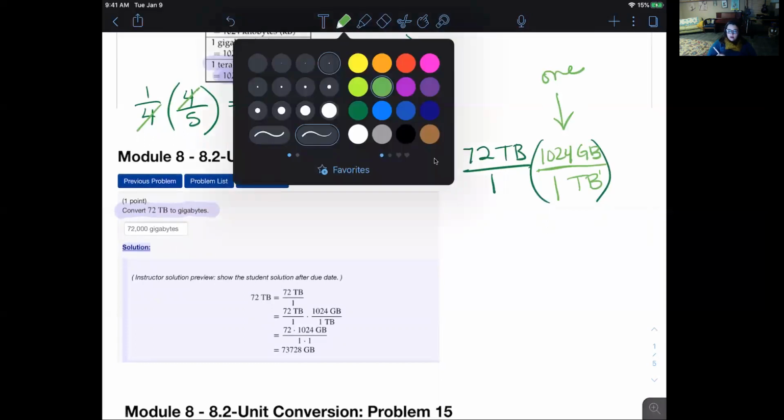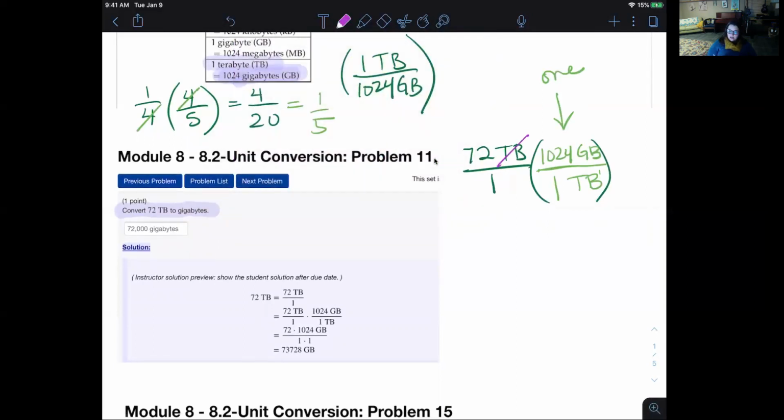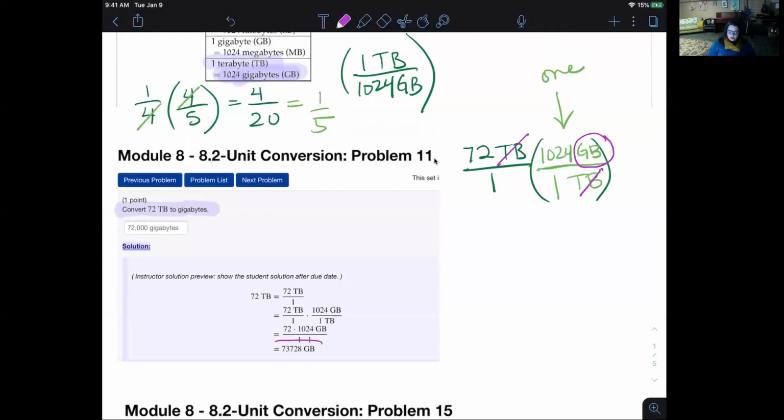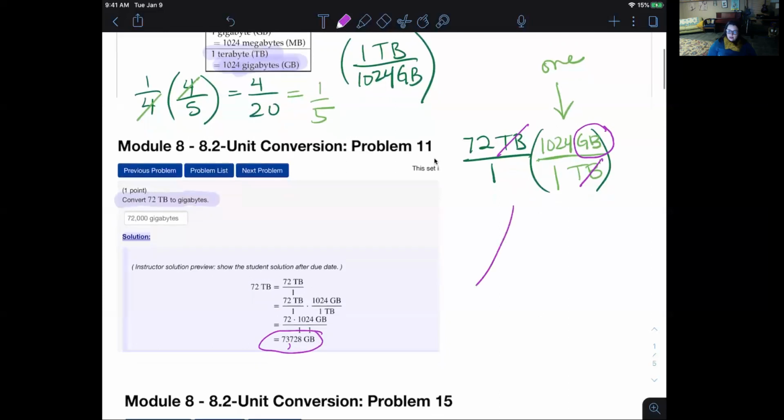That allows us to cancel out the terabytes and we'll be left with the unit gigabytes. If we multiply that out, the answer is 72,728 gigabytes, which is equivalent to 72 terabytes.